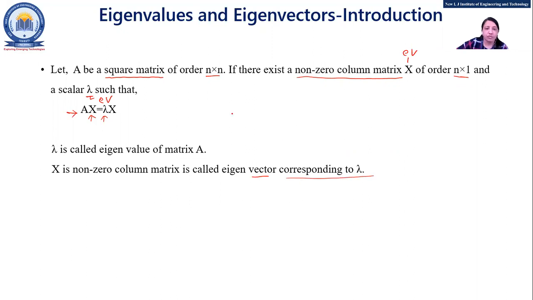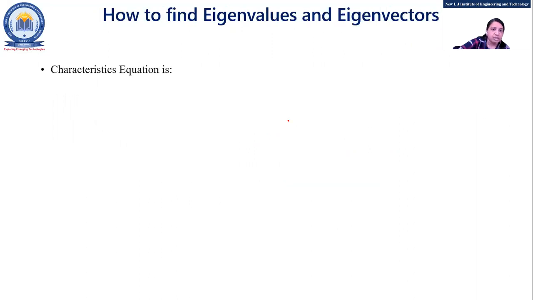Now we will see how to find eigenvalue and eigenvector. For that, the characteristic equation is used. The characteristic equation is mod A minus lambda I equal to 0. I is the identity matrix, and we want to find lambda.